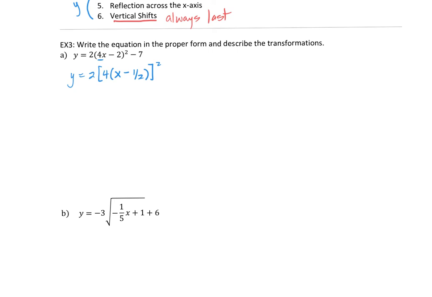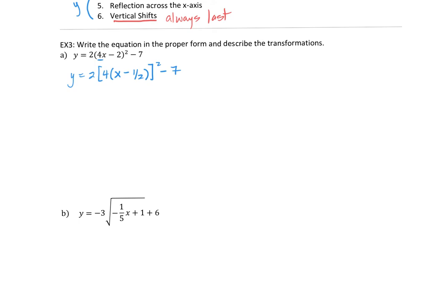If it's anything else, factor it out. Because now notice that the x minus 1/2, that minus 1/2 is going to be your horizontal shift. It's not minus 2 as the original equation says, because we need to make sure that x is by itself and we factor anything out.